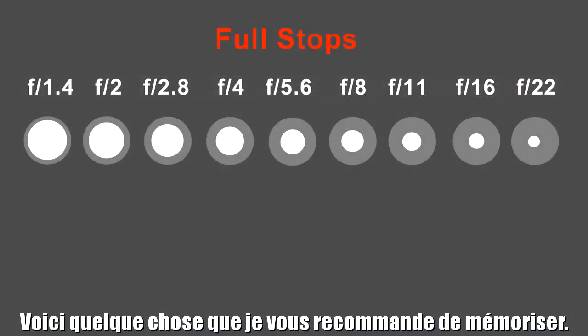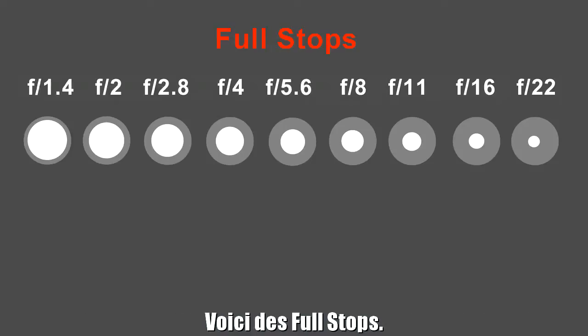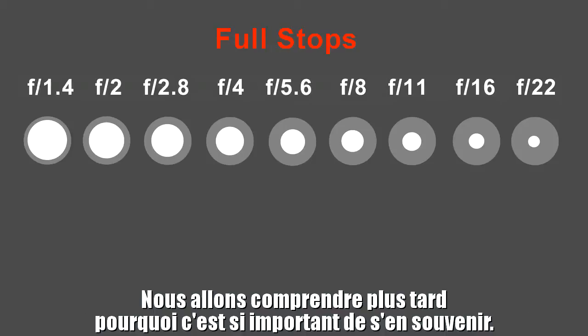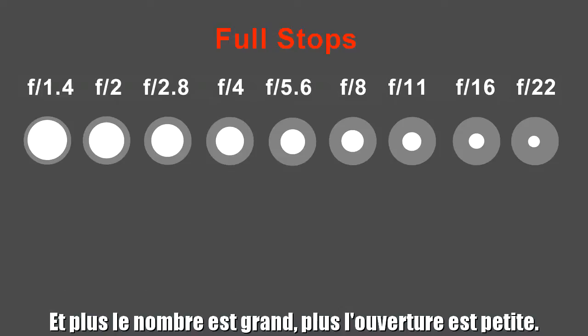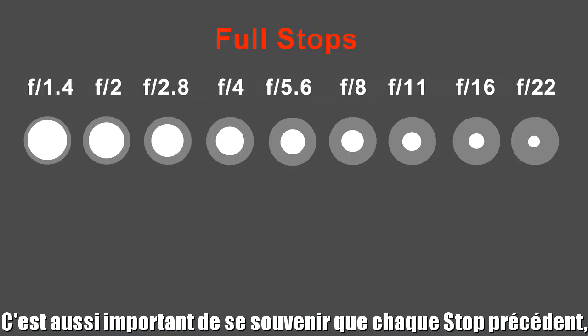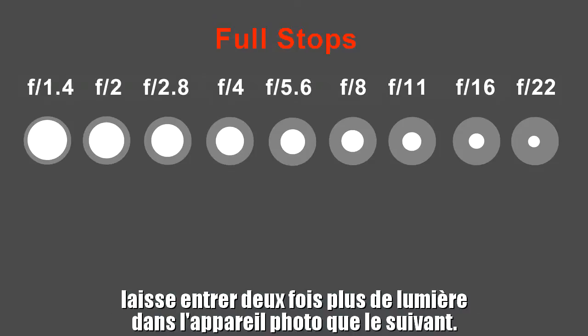Here is something I would recommend you to memorize. Those are full f-stops. You will understand later why it is so important to remember them. Once again, as you can see in the picture, the smaller the number, the bigger the opening, and the bigger the number, the smaller the opening. It is also important to remember that every previous stop lets twice as much light into the camera as the next one.